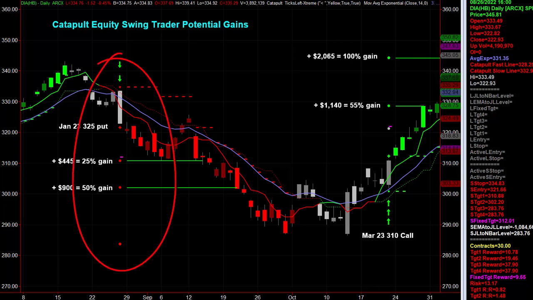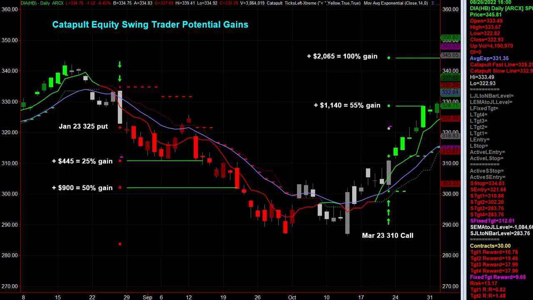If buying a January 2023 325 put slightly in the money, just a couple weeks later, you'd be exiting a part of your position here at target 1 for a $445 gain, 25% profit based on the cost of the option. And a few days later, you could exit another position for a $900 gain. That's a 50% return on your investment of the cost of that option in just a few weeks.